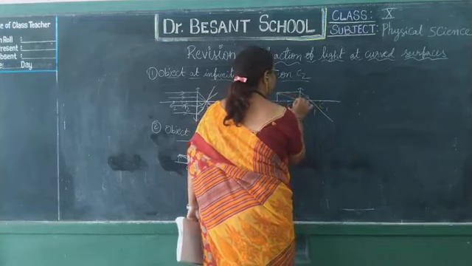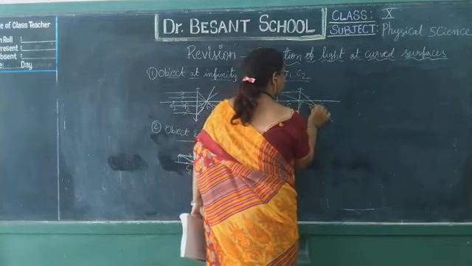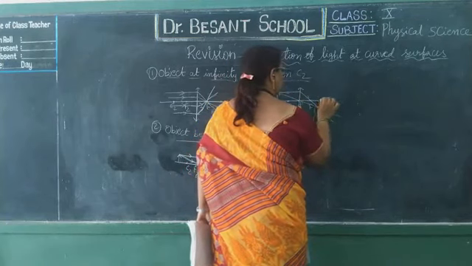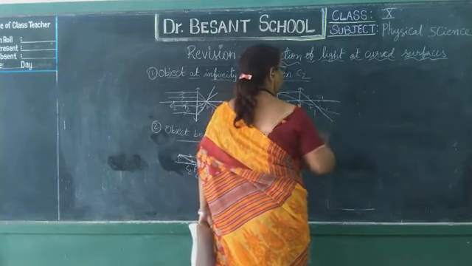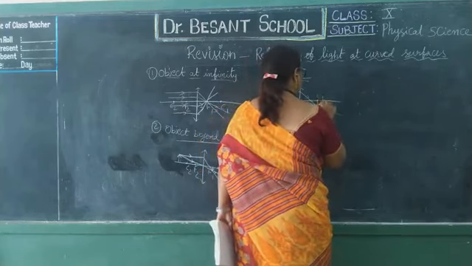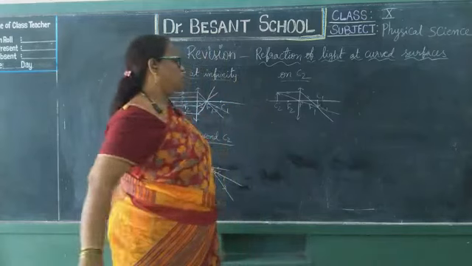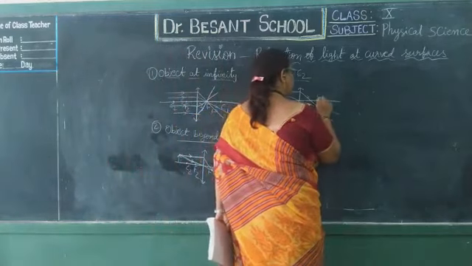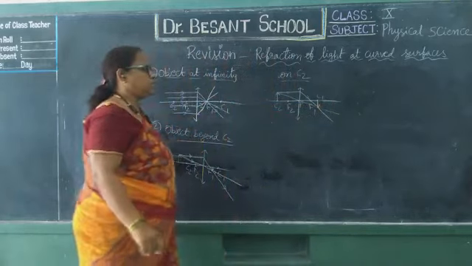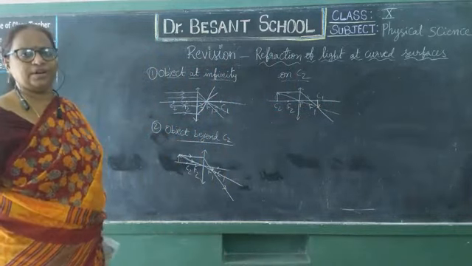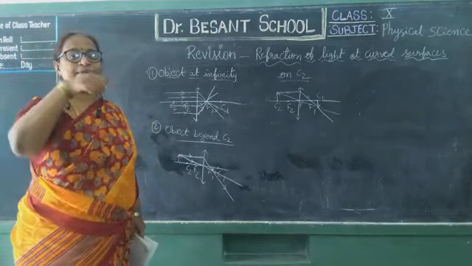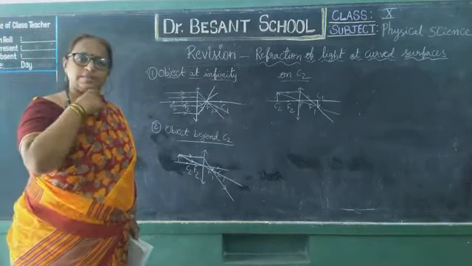Another one passing through the optic center. So you can see here, the image is formed on C1. When the object is on C2, the image is formed on C1. So a real, inverted and same size image is formed on C1.